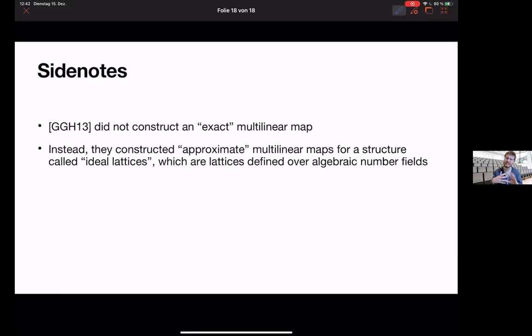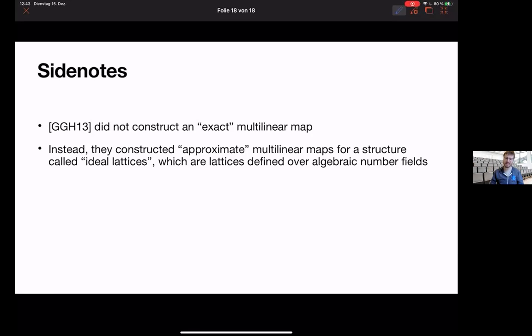So you can do additions in this group, but you have errors that pile up, in a very, very similar way as this is the case in the construction of fully homomorphic encryption that we have seen, right? In the GSW construction, we also had that each ciphertext had an error, and these errors are piling up somehow. And there needs to be a mechanism to control these errors or to keep them from growing too much.